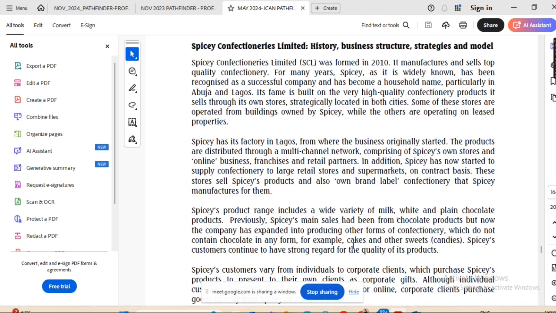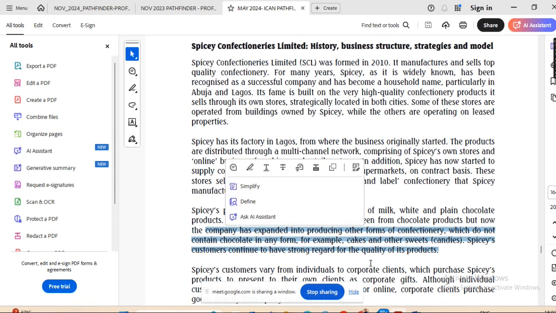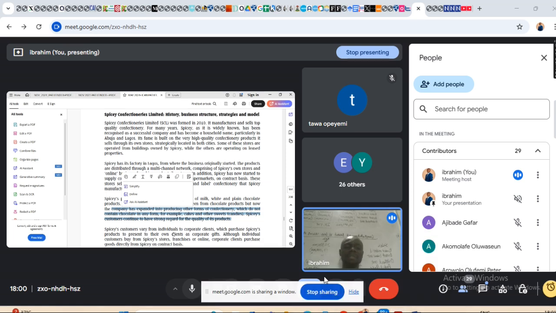Spicy customers continue to have a strong regard for the quality of its products. Class, now what happened here is that Spicy decided that, oh, we need to expand our business, that they need to bring in cake, sweet candies.